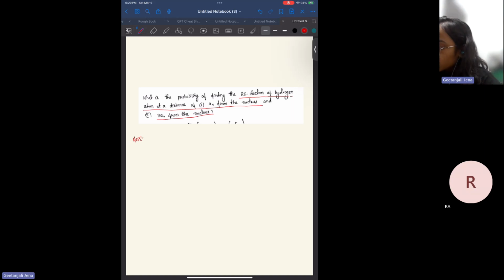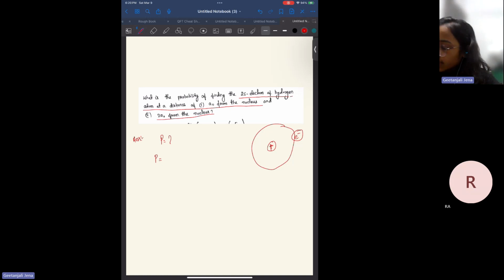So in hydrogen atom, there is a proton and there is an electron which is bound to it by Coulomb potential. So it is asking about what is the probability of finding this electron a0 from the nucleus and 2a0 from the nucleus. So for this, what you have to do is you have to calculate the radial probability density.